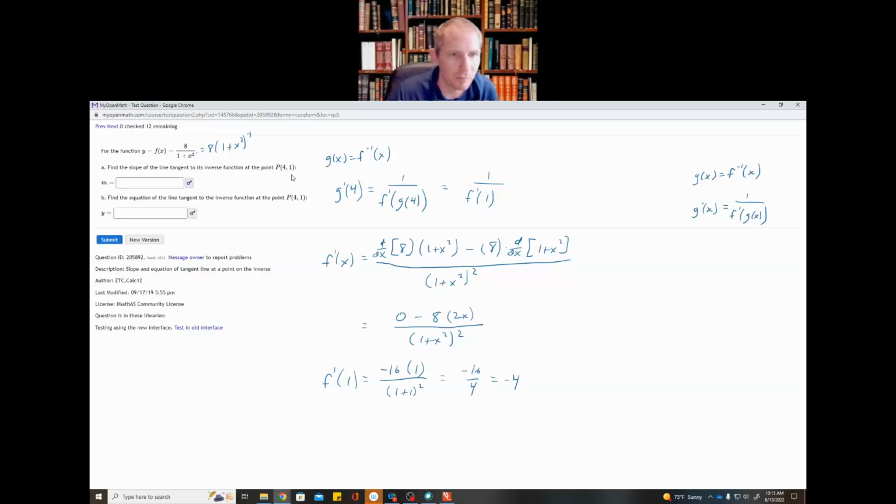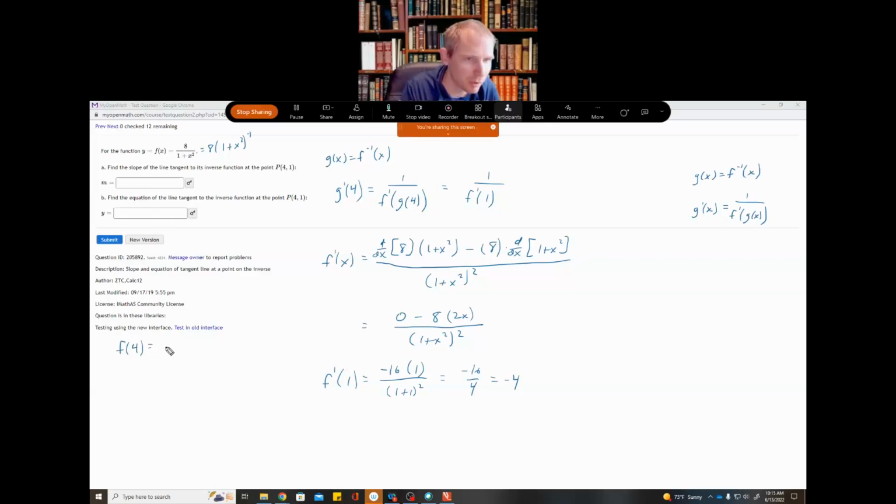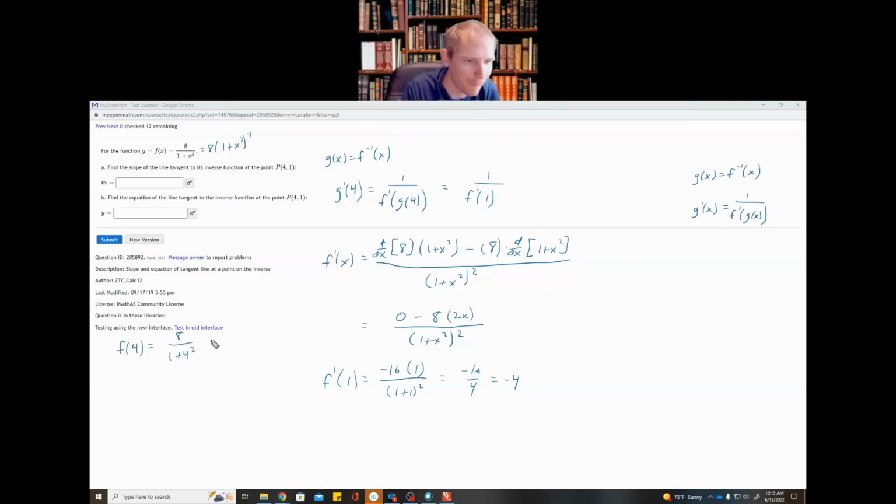Okay. Here's the mistake that I thought I made back here. Let's go ahead and point this out. And this is, I think, an easy mistake to make, and this might have been where you ran into trouble. It says find the slope of the line tangent to its inverse function at the point 4, 1. So if I plug 4 into my function, I get 8/17, not 1.